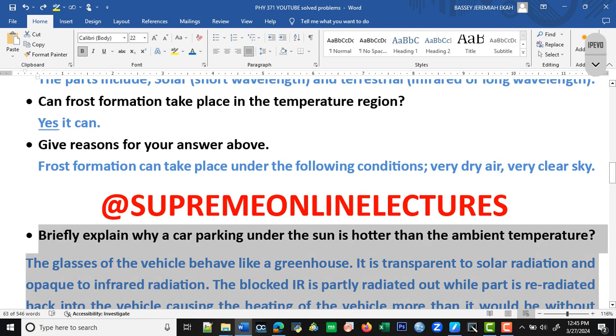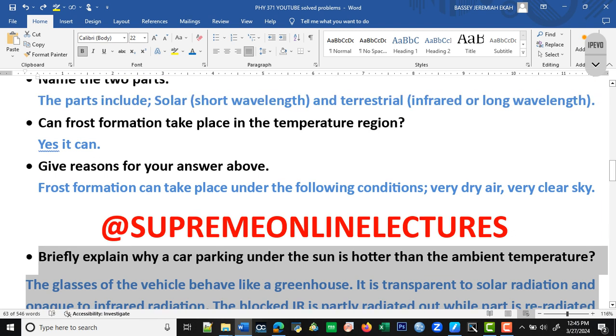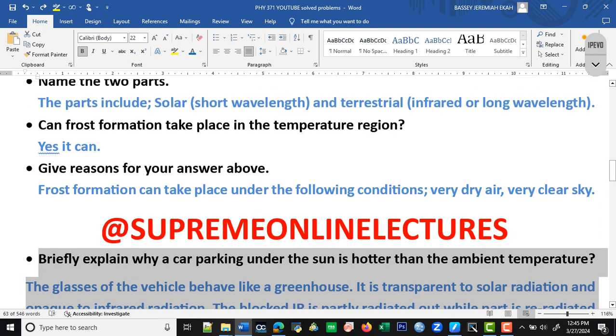This one says, briefly explain why a car parked under the sun is hotter than the ambient temperature. Of course, this is an example of the greenhouse effect. The light from the sun is more of a short wavelength. The UV ray is transparent to the windscreen of the vehicle but is opaque to infrared.